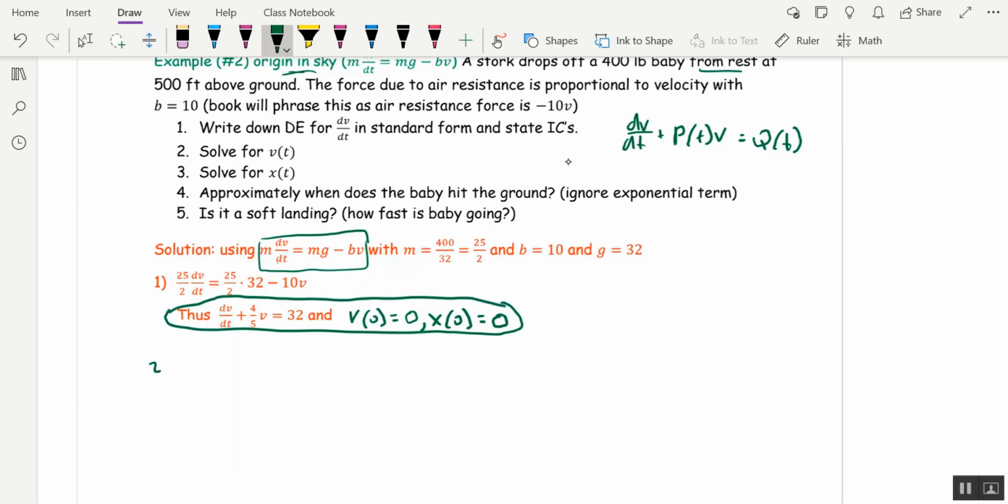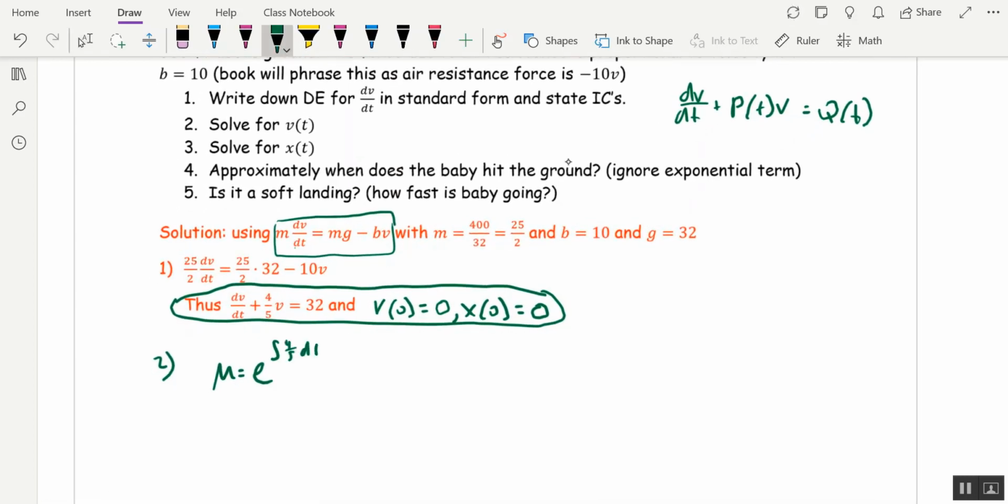Okay, so step two, solve for v(t). The reason I want to put this into standard form is because I'm going to find an integrating factor. Mu is e to the integral of P(t). P(t) is 4/5 dt, which is e^(4/5 t). So now I've got the equation mu v, so e^(4/5 t) v is the integral of mu Q. Q is 32, so 32 e^(4/5 t) dt.